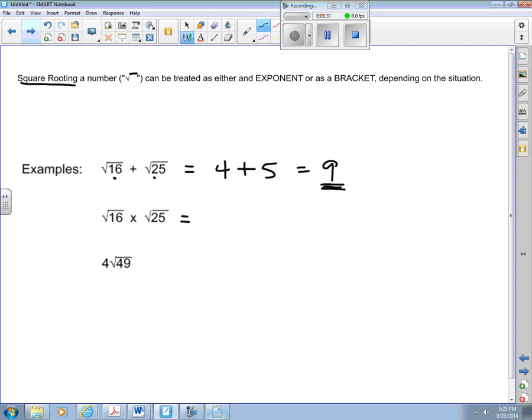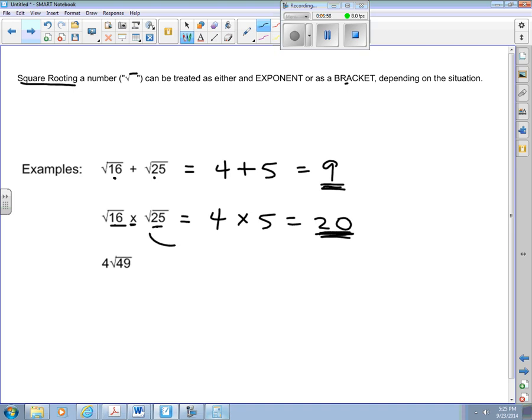Same thing here. I have to do the square root and then multiply the answer because bracket comes before multiply in BEDMAS. So the square root of 16 is 4, the square root of 25 is 5, the answer to this is 20.